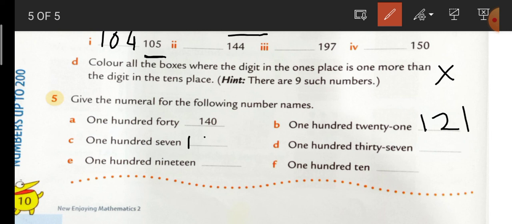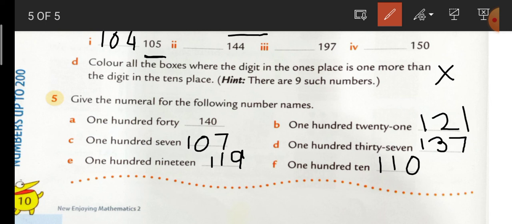So 107. Okay, 137. Then 119. Why am I taking a long E? Because it is 19, not 90. 119. Okay, 110. So this is till page number 10.